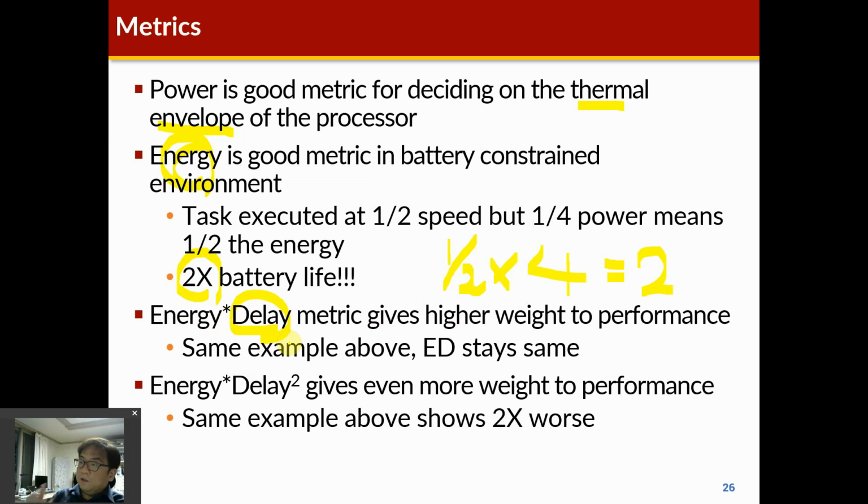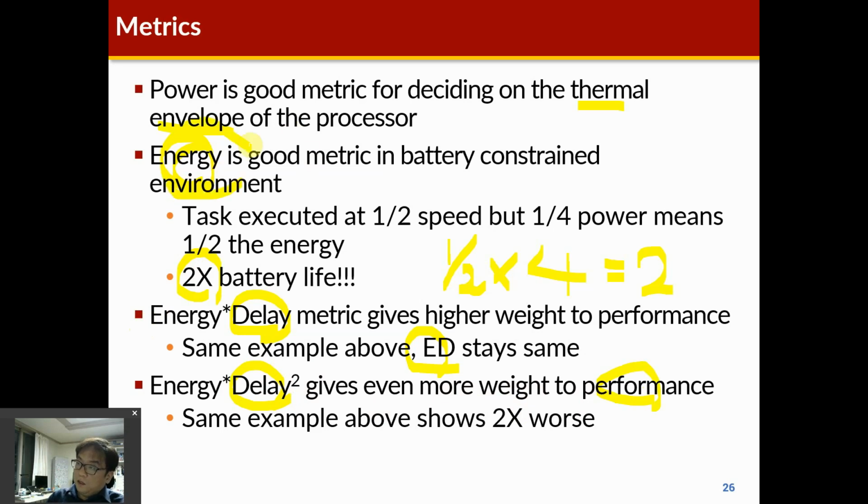So for energy multiplied by delay, we simply write this metric as ED, which gives higher weight to the performance. Then we can also use energy multiplied by delay squared, which puts even more weight on the performance. So these metrics are used for different kinds of devices.